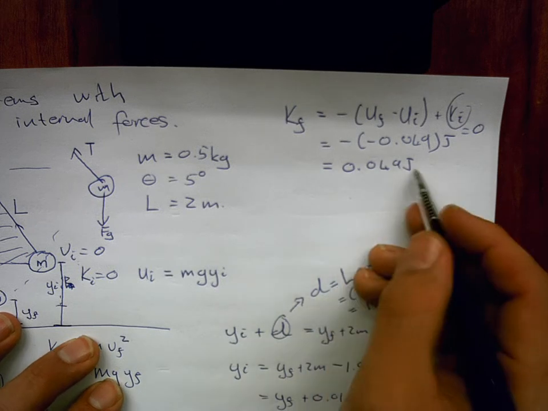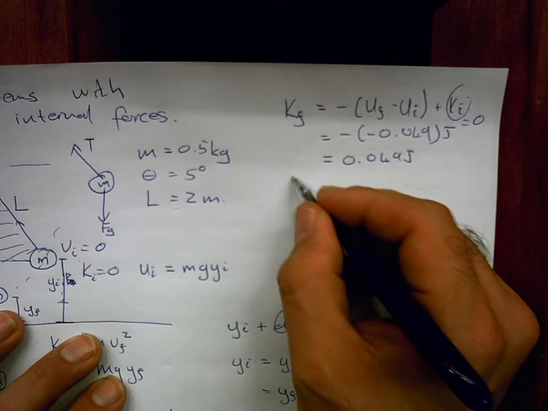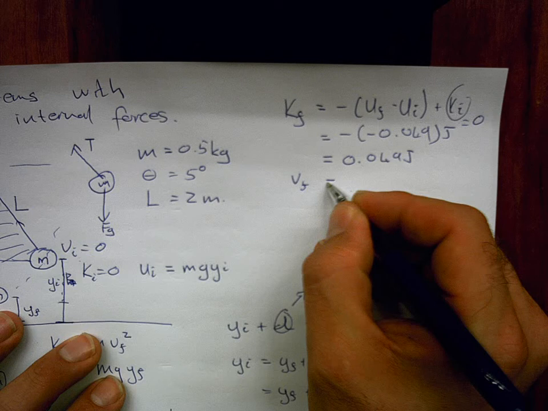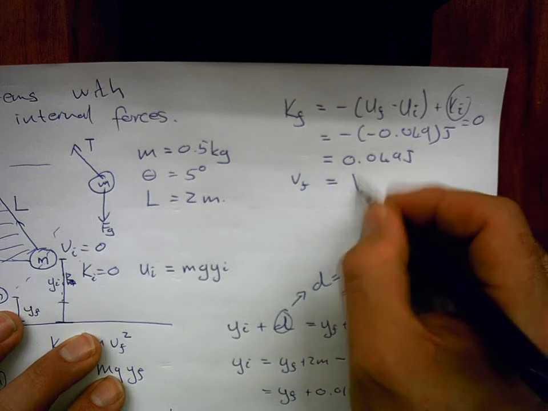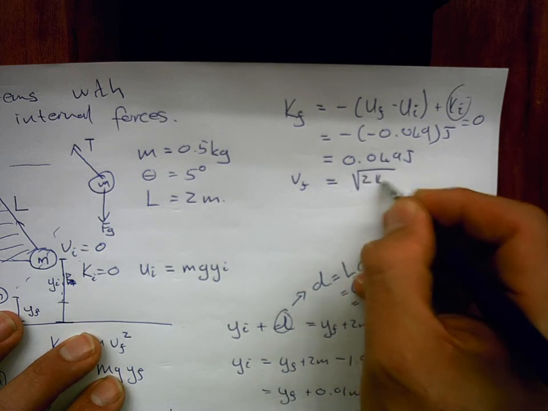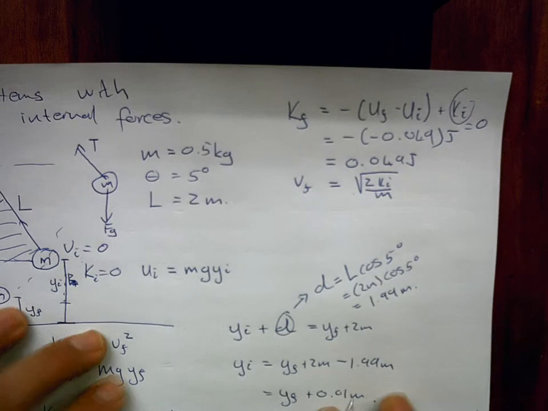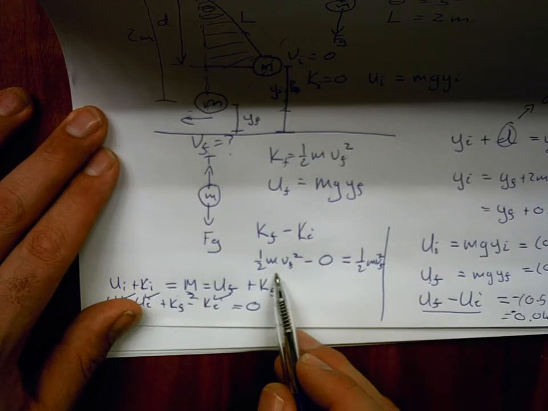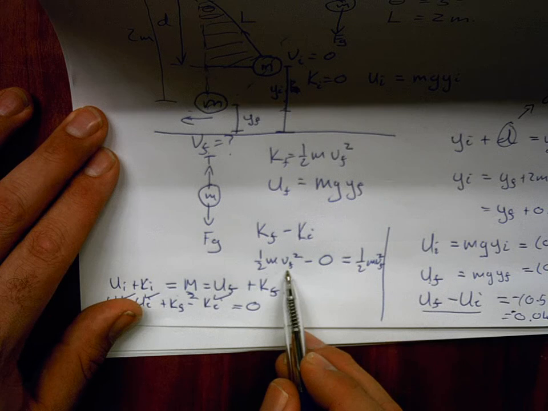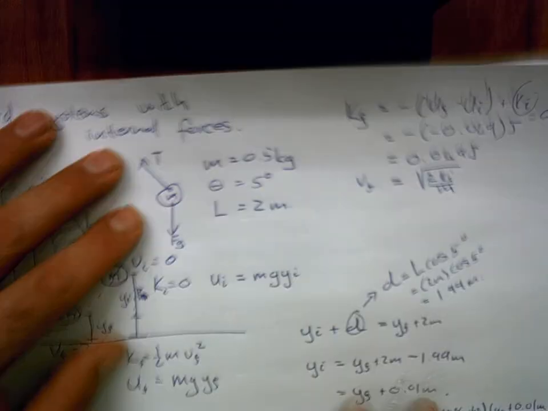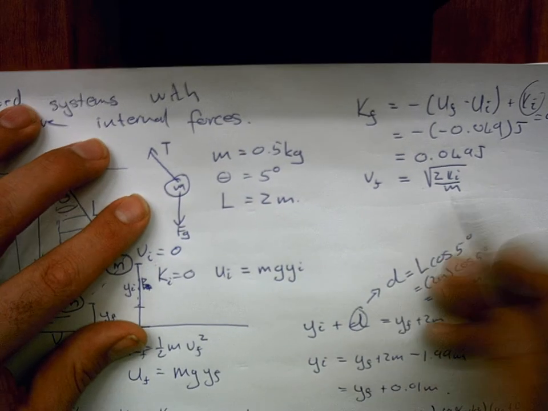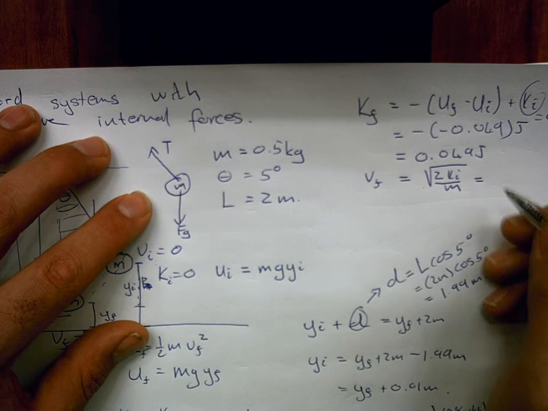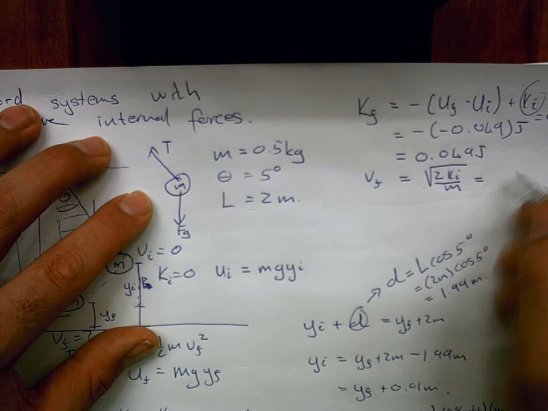If I want to calculate the final velocity, the final velocity is equal to the square root of 2 times the kinetic energy divided by the mass. I know kinetic energy is equal to this, and if I solve for this speed, I just get that equation. If you plug in all the numbers, you find that the final velocity is 0.44 meters per second.